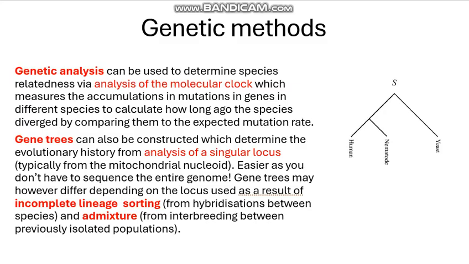The gene for the locus that we're talking about is traveling between species and messing up our understanding of the tree from which these organisms evolved, because the allele is passing from one species to another, and those species have different evolutionary histories, although similar, obviously, because they can interbreed. As well as admixture from the interbreeding between previously isolated populations.